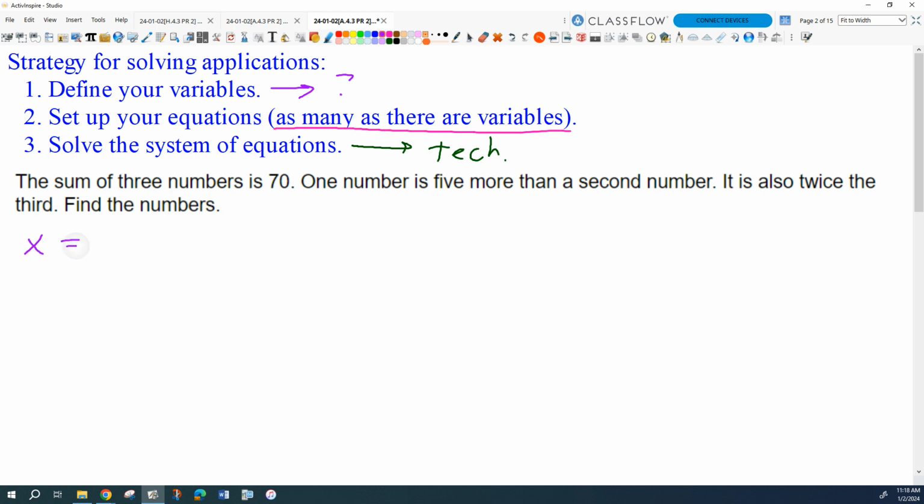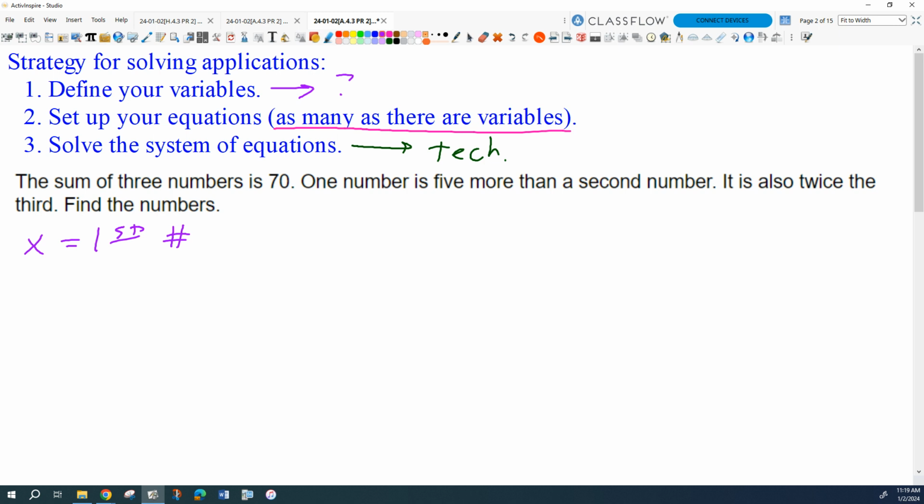What are we going to call x? What would x be then, maybe? Well, not 70. It's going to be one number. How about if we call it the first number? Okay, so x is the first of our three numbers. You guys know that means number, that symbol? Okay, what else does it mean? Pound, yeah.